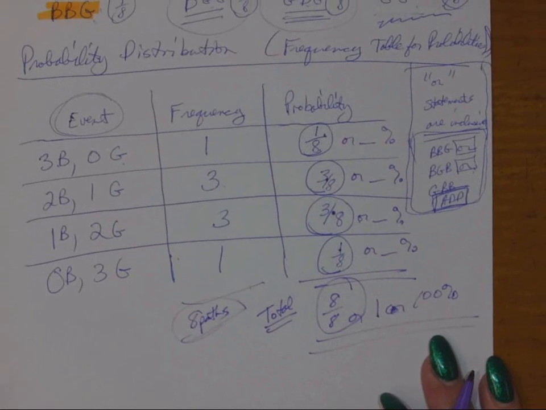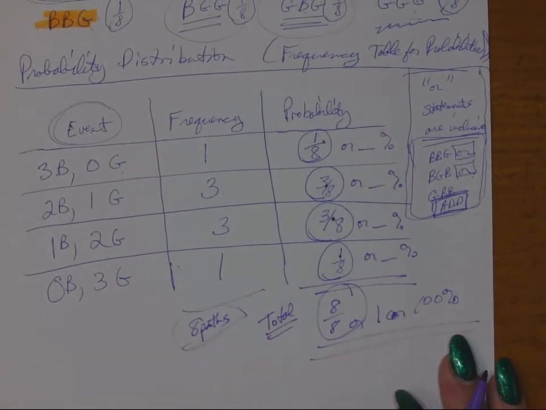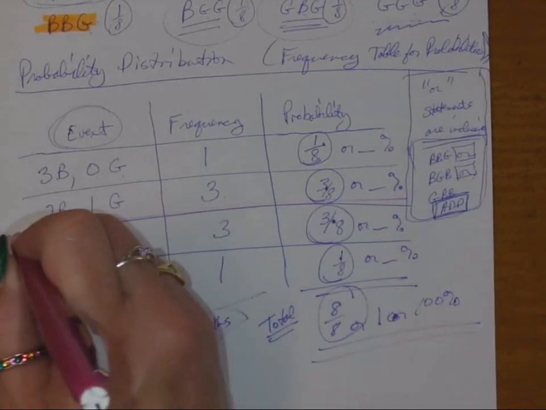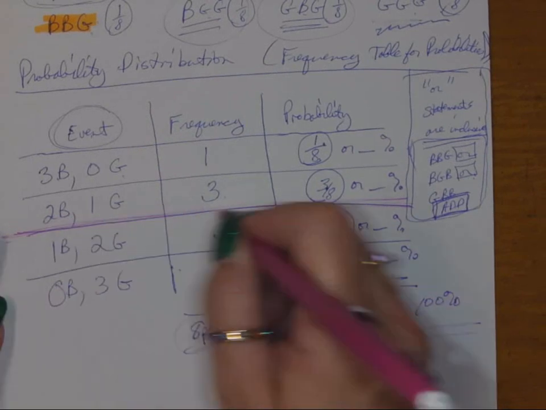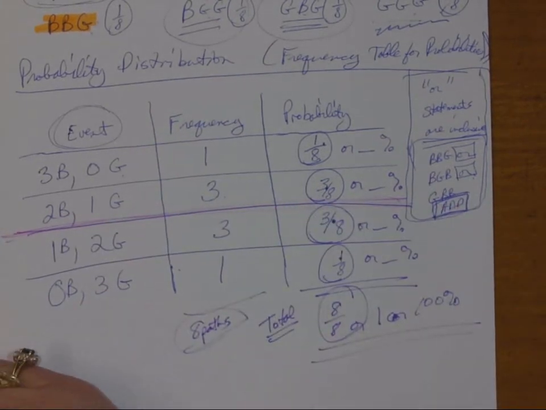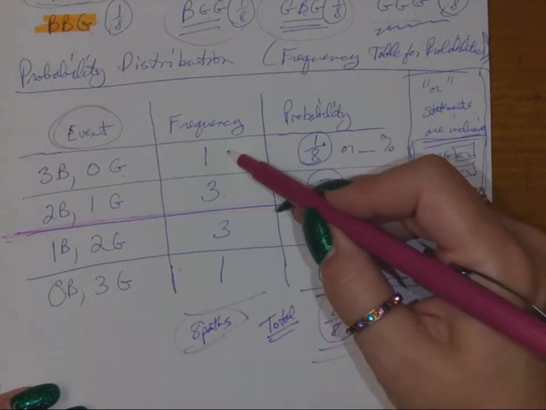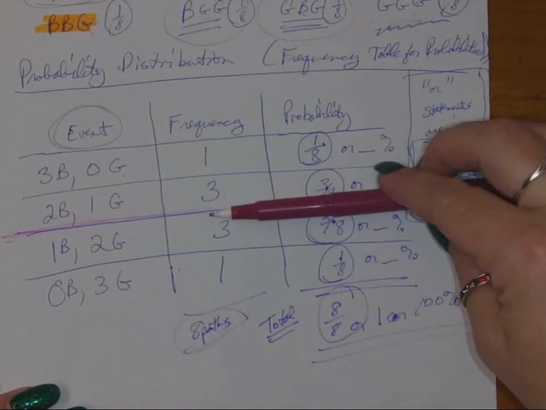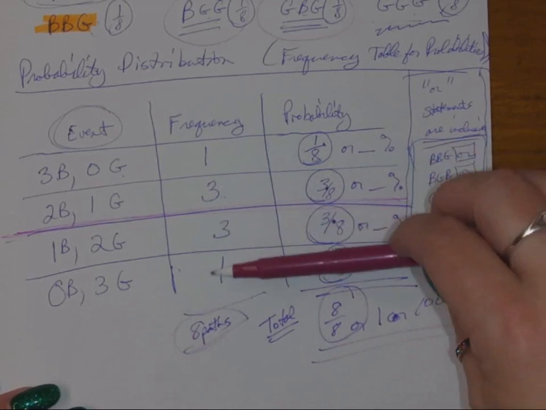The other thing you can think about here is this probability distribution has a bit of symmetry going through it. If it's a nice fair situation, like these gender things are, then a lot of times you'll see this symmetric thing. There was a 1, 3 on the top, and if I split my table, on the bottom I have a 3, 1.